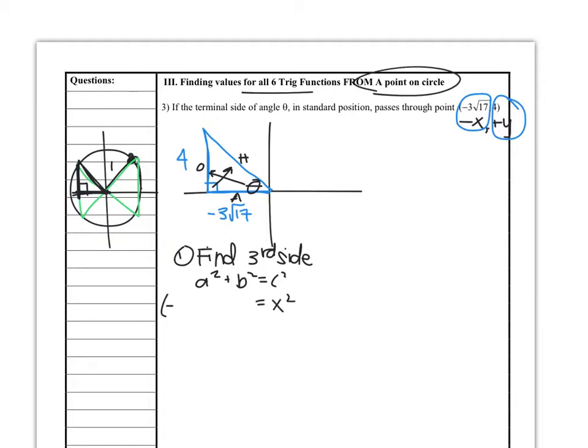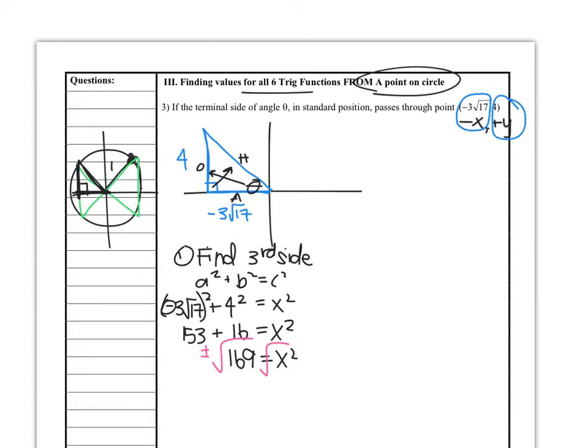On the left side, make sure that you put -3 square root 17 in parentheses, plus 4 squared. If you don't, then that negative is going to cause you issues. So that squared gives us 153, I just used the calculator for it, plus 16 equals x squared. 169 equals x squared. And then we square root, and remember the plus and minus.